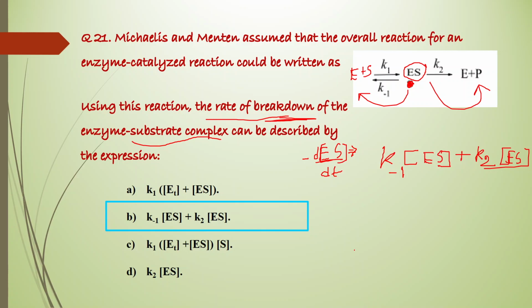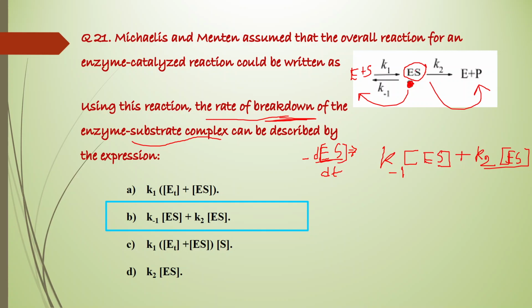If perhaps they were asking about the formation of the complex, then you can see the ES complex is only been formed by one process, that is the first step only. So in that case the reaction expression would be K1 into E into S only.